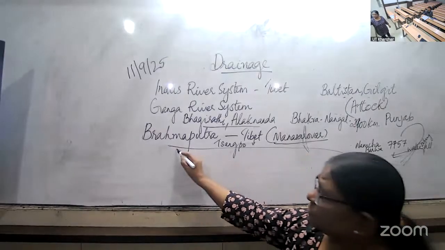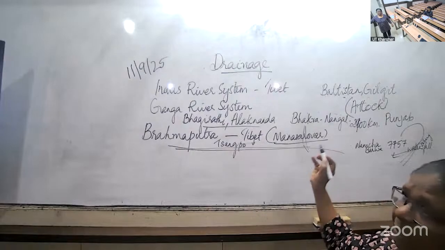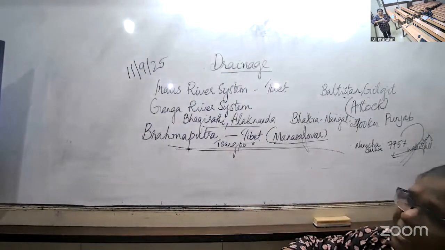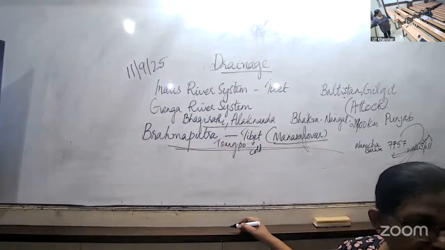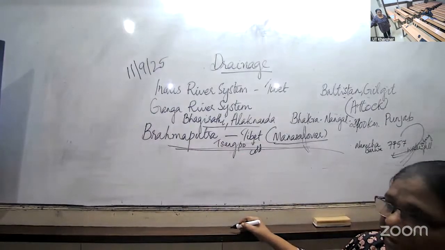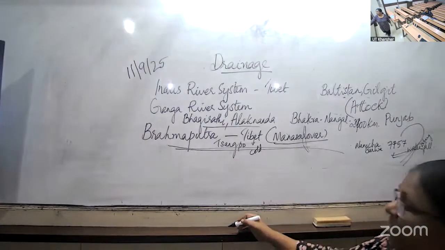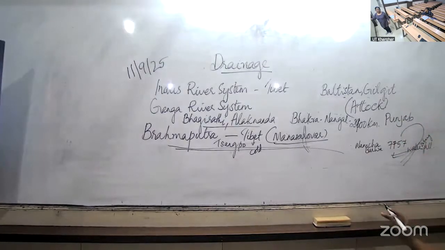Now when it is flowing through the Tibet part, it is a shallow river passing through the cold region, so it is not having much silt and sand. But when it is entering into India, it carries a heavy load of silt and sand, and a huge volume of water also. So what is happening? It carries out erosion, transportation and deposition.